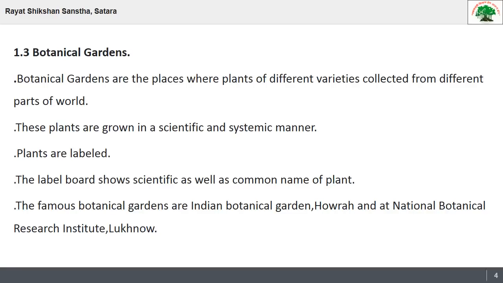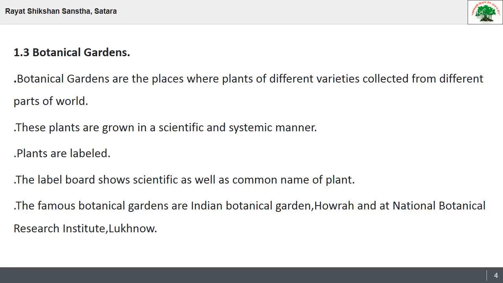Plants are labeled, and the label board shows the scientific name and common name of the plant. In some botanical gardens, it also tells us the importance of the specialized plant.